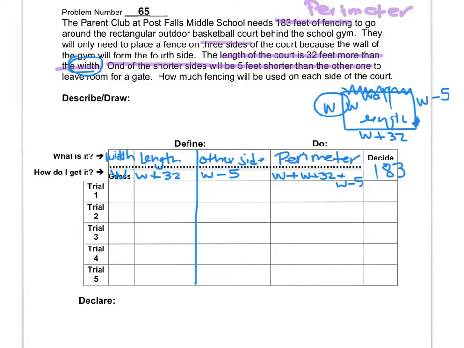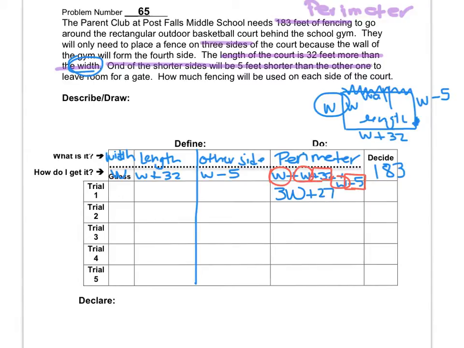Now, since we've been combining like terms and simplifying expressions, let's go ahead and simplify this. I've got a W, and a W, and another W, so altogether we have 3 W's. And then I have a plus 32 and a minus 5, so that simplifies to a plus 27.